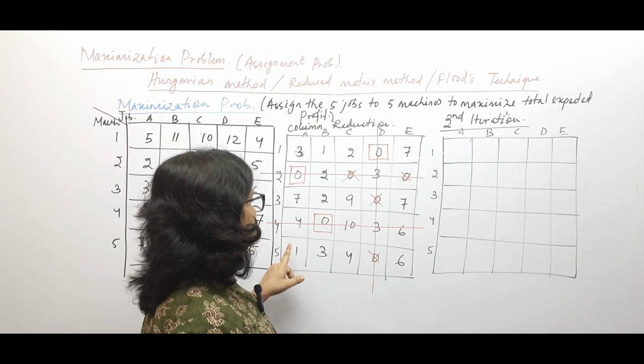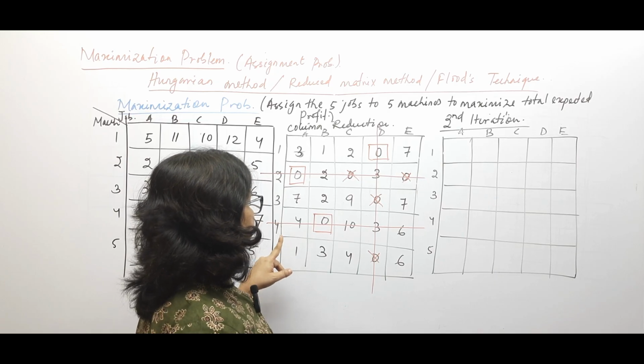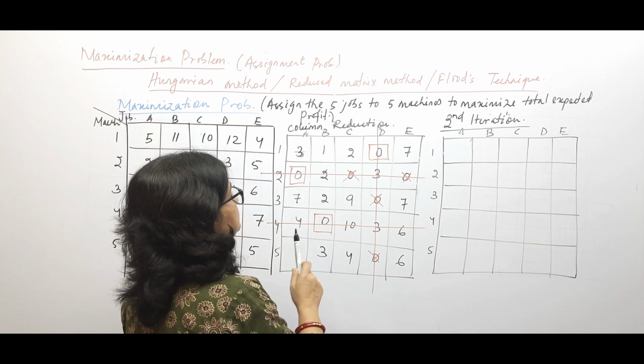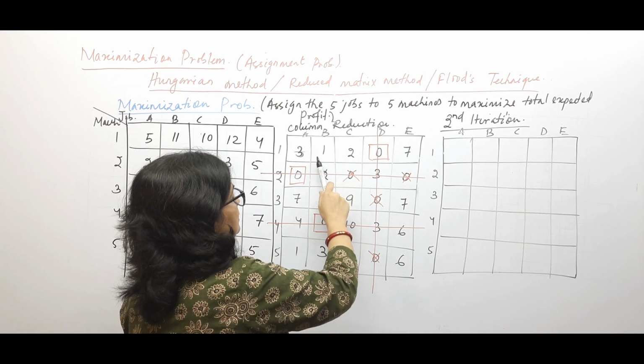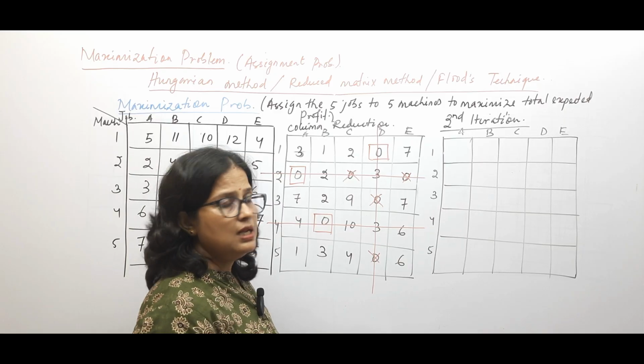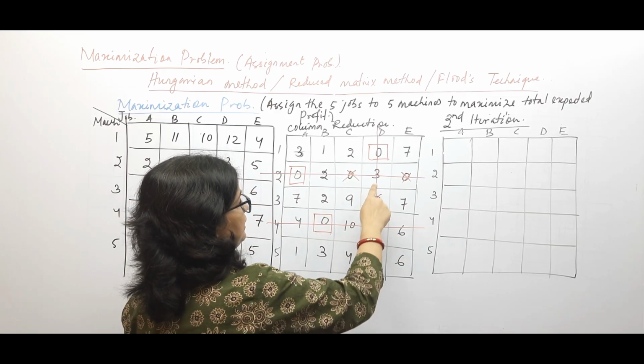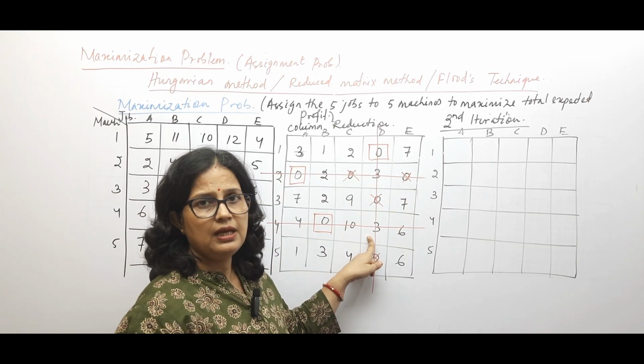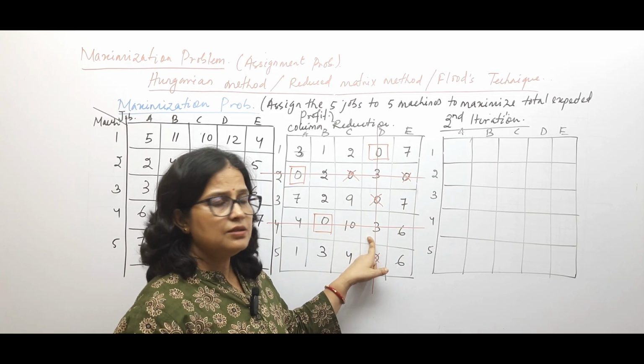So we have to subtract this value from the uncovered cells, and we have to add the value where there is an intersection between the lines. What do we need to do?